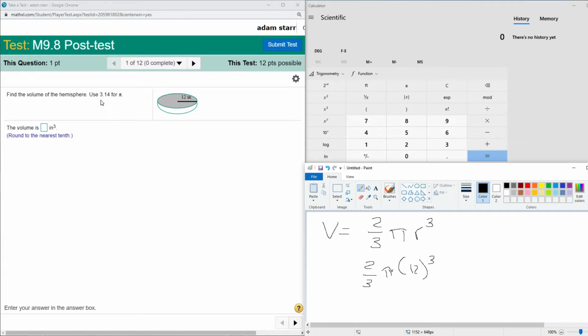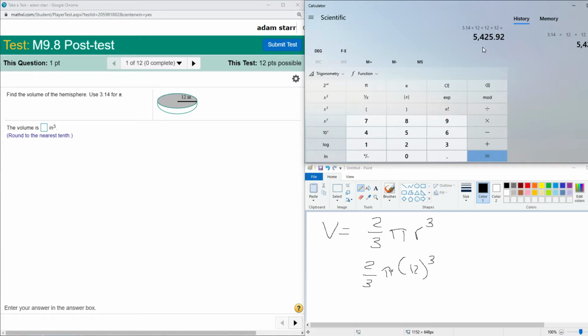This case, it wants 3.14 for pi. So in my calculator, I'm going to start with the pi, so 3.14. So I'm starting here, times the 12 cubed. So times 12 times 12 times 12. Cubing something means multiplying by itself 3 times. And I'm just going to find what that number is.